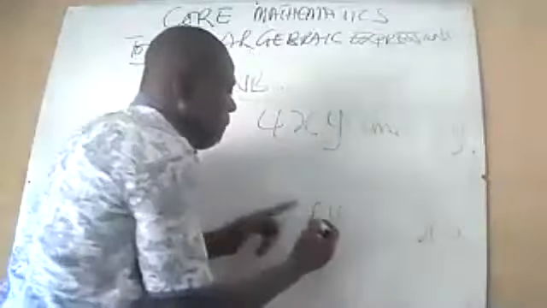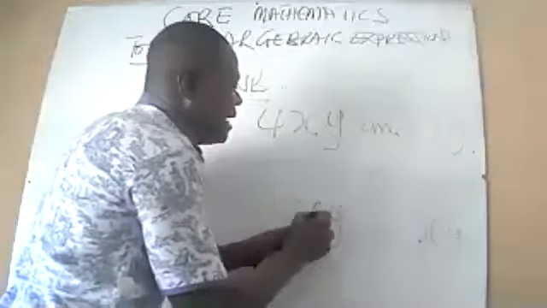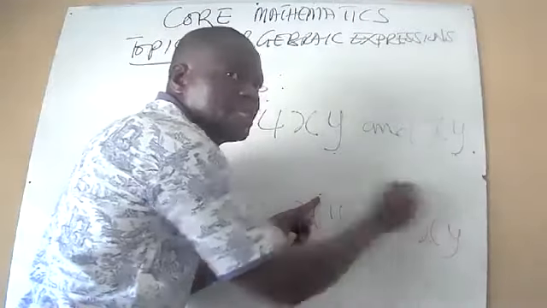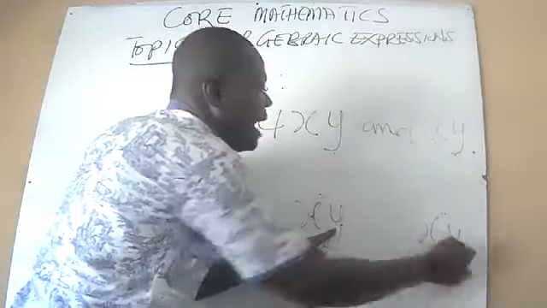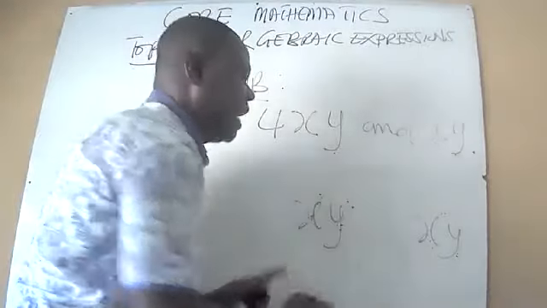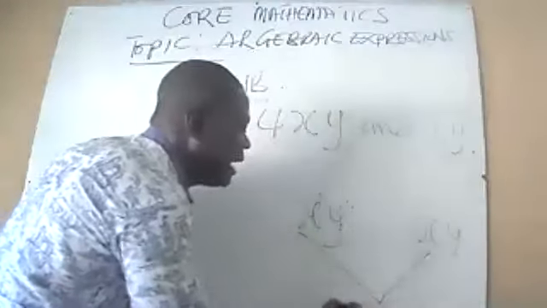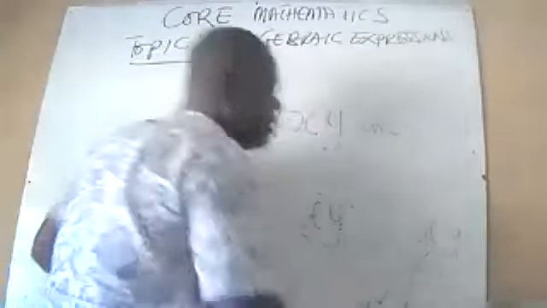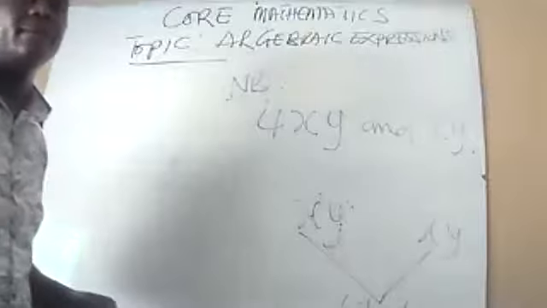If you compare the x to the x, you realize that they are like variables with the same exponents. And these y are also aligned and have the same exponent. Therefore, these terms are like terms. They are alike. So we can add them or we can subtract them.